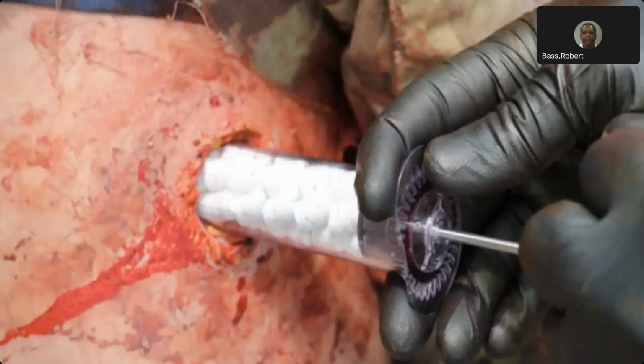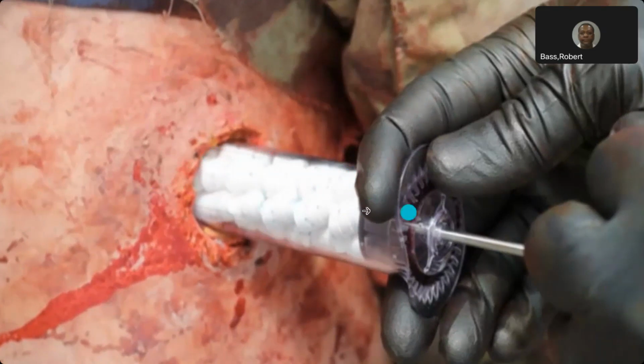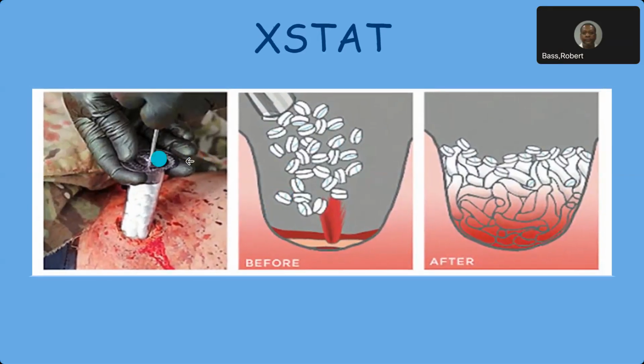Another hemostatic agent that's used to control bleeding is called the XStat. XStat has been approved by the FDA to be used in the civilian setting. The military has been using this for some time, but it's used for penetrating wounds in those junctional areas.